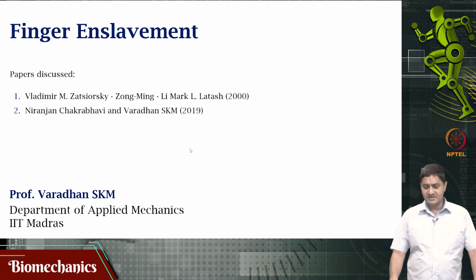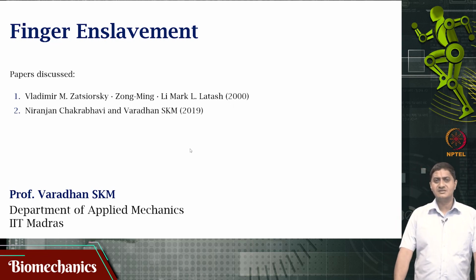So, from this week, we take a step upwards and discuss some research papers. Okay. We go one notch higher and discuss some research papers. As a first paper, we discuss the work by Vladimir Zatsiorsky, Zhongming Li and Mark Latash on force enslavement, published in the year 2000.